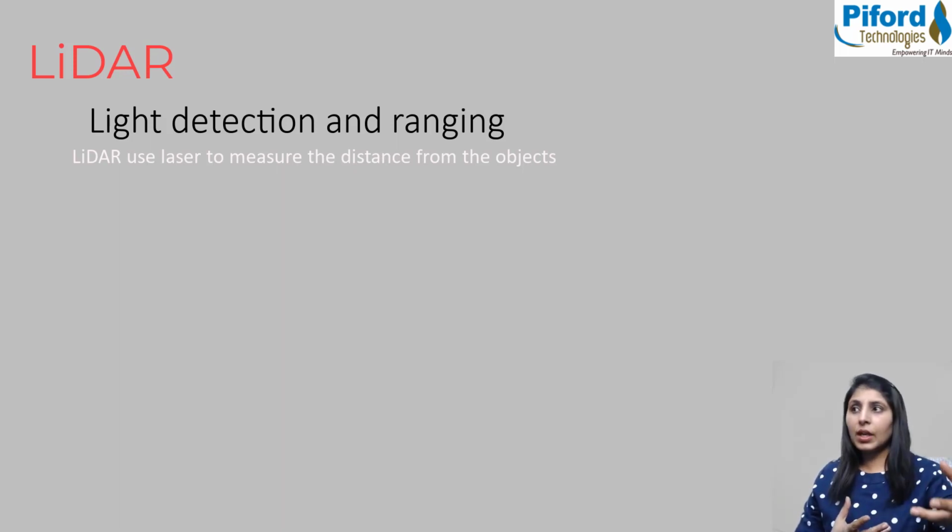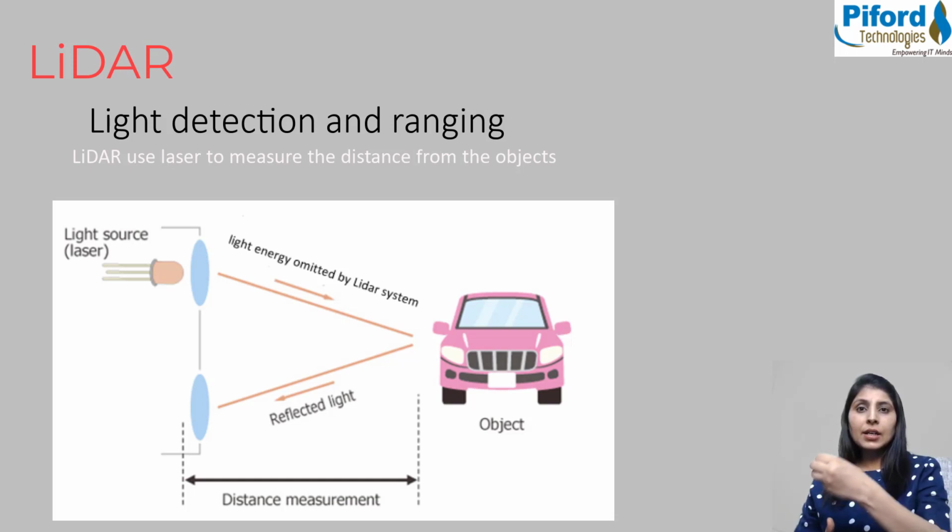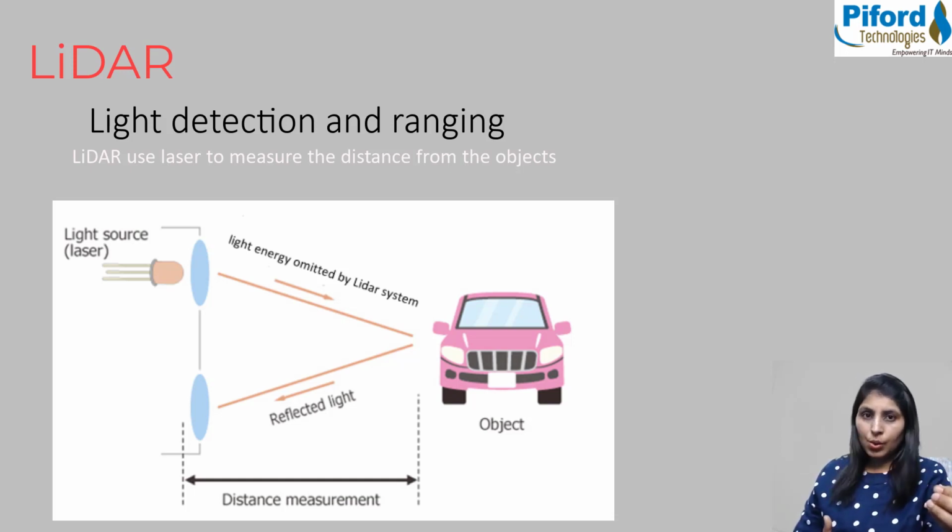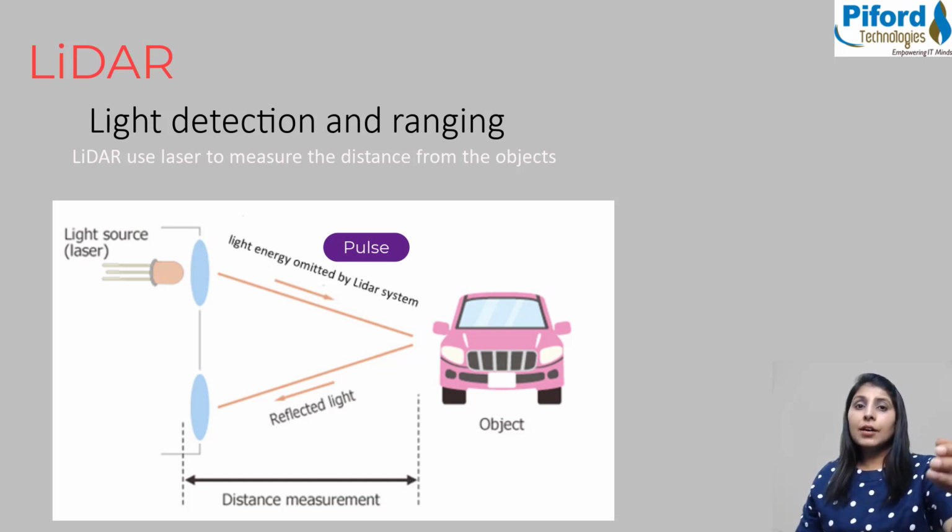So basically, how does LiDAR work? LiDAR uses light. Light energy emitted from the LiDAR system is known as a pulse, and the light reflected back from the object is called a return.